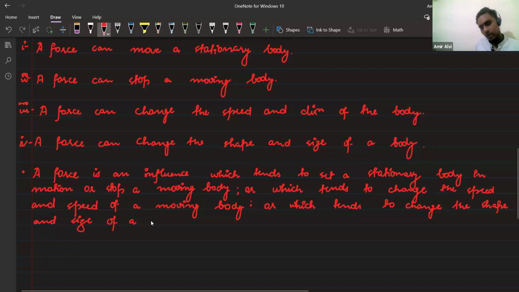Okay. So this is a definition of force in which all the aspects are covered.